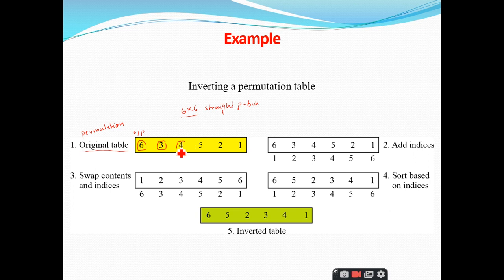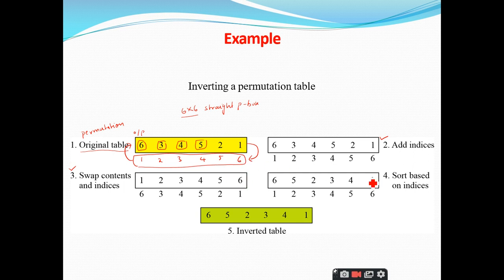I agree, right? But what you have to do is take the permutation table and give indexes in increasing order like this, right? After adding the indices, the third step is you have to swap the original contents with the indices. So this entire line of indices will go here and these values will come down as the indices.